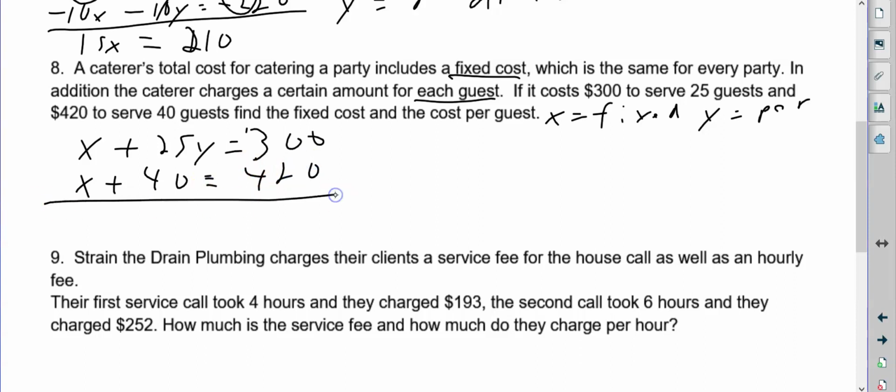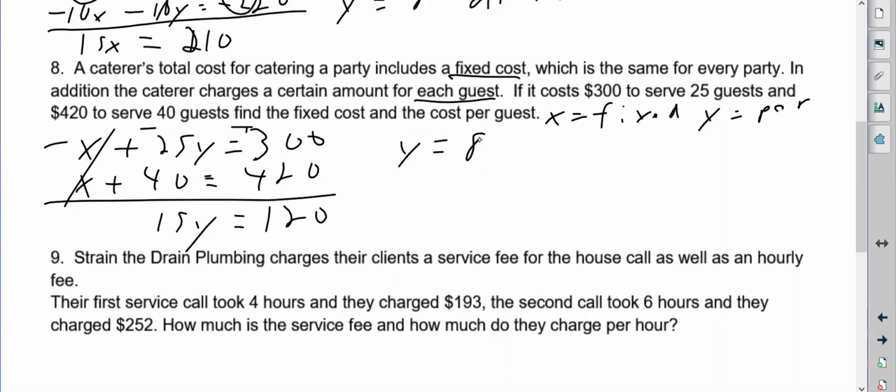So I'm going to make this easy. Substitution will work here, but since we have X and X, we can just make this negative, and this negative, multiply by -1. And we're going to get 15Y here. We're going to get 120 here. And we divide by 15, Y is 8.